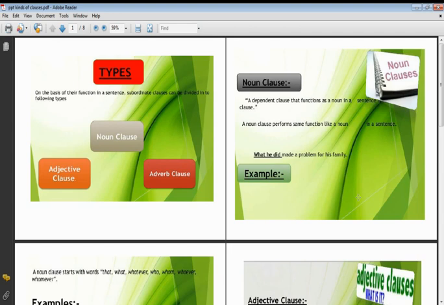First of all, we have to see what a noun clause is. A noun clause is a dependent clause that functions as a noun in a sentence. So how would we recognize in a sentence that it is a noun clause? Whenever a clause answers "what?", if you can replace a clause with "what", it means that it will be a noun clause.